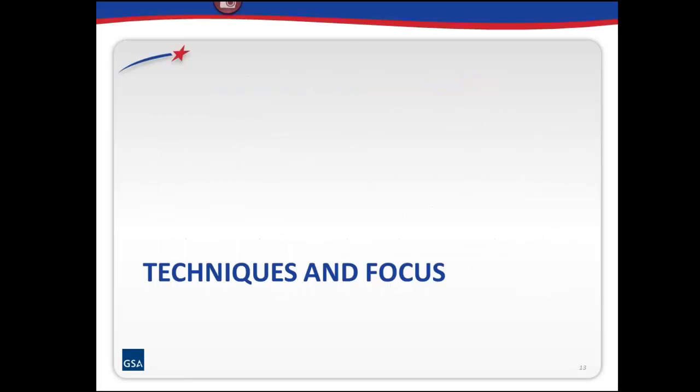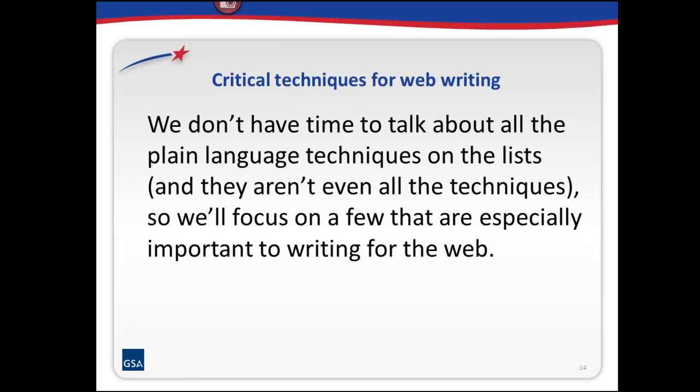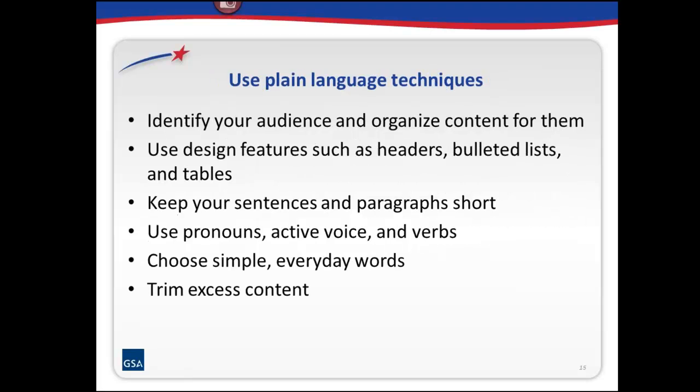So what are the ways that we go about this? Well, we don't have time in an hour's webinar to talk about all of the plain language techniques on the lists. And these aren't even all of them, but there are a few that are particularly important to writing on the web. The most important, the absolutely most important, is identify your audience and organize content for them. What do your readers want to do?